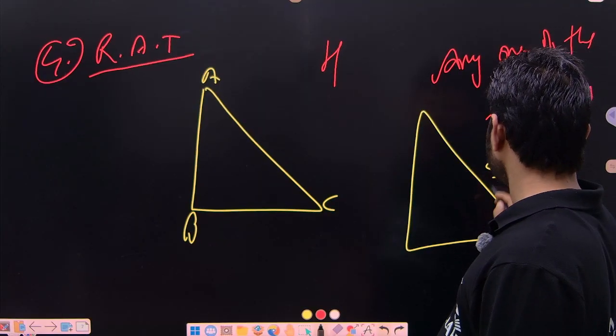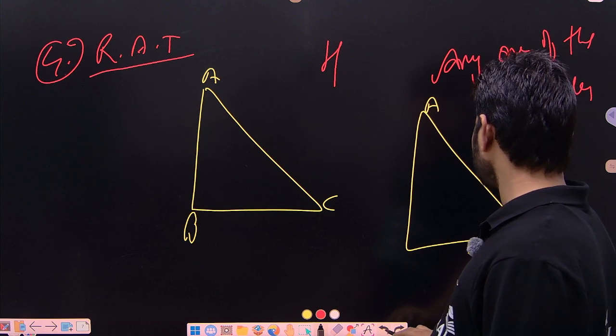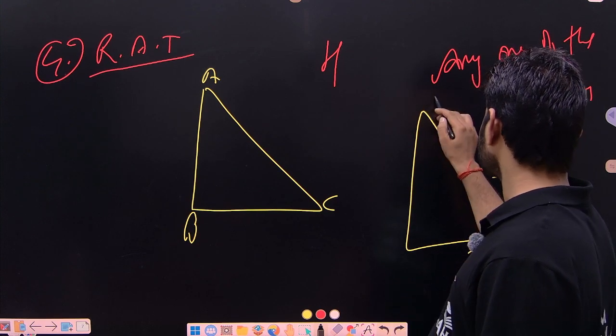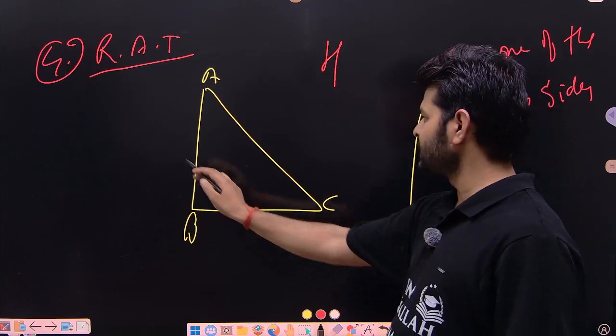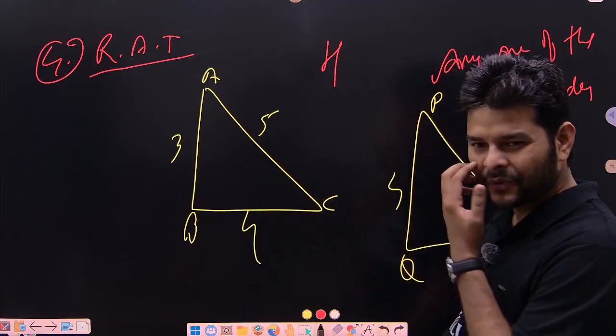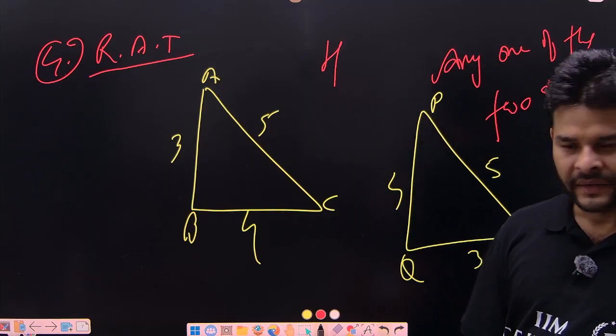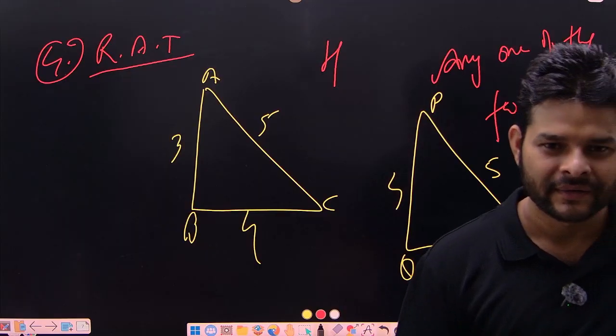Over here it is 5, it is 3, in ABC, sorry, PQR. And here this is 3, this is 5. The other must be 4 if you calculate it. Then again, if you apply side, all the sides are equal.